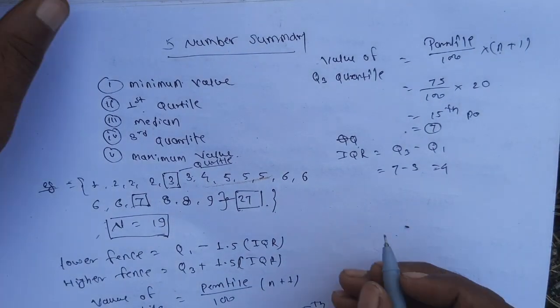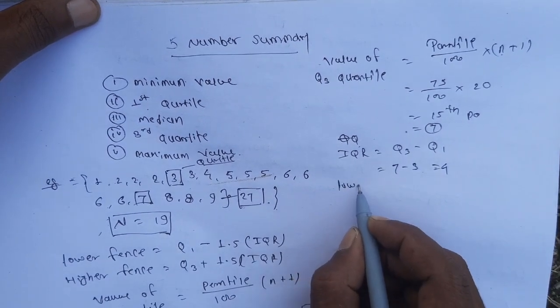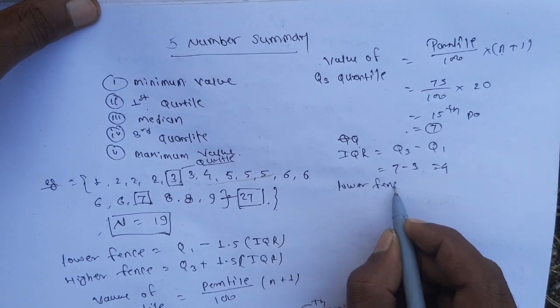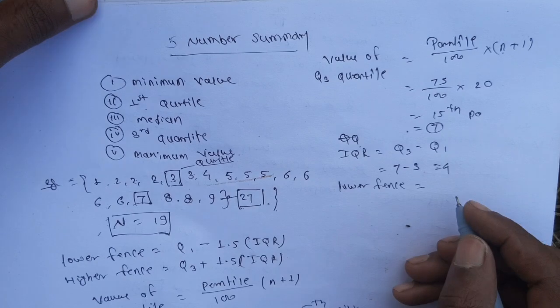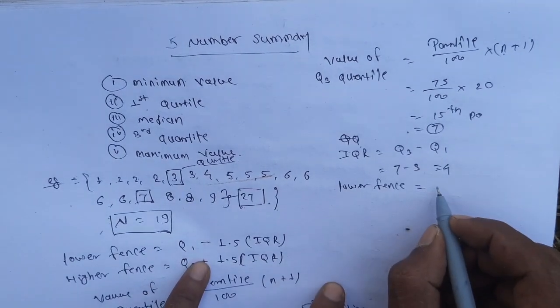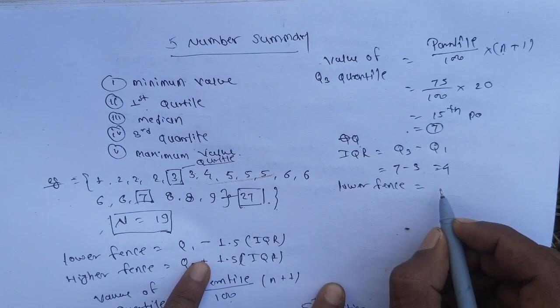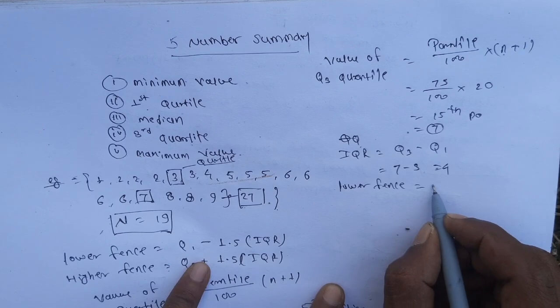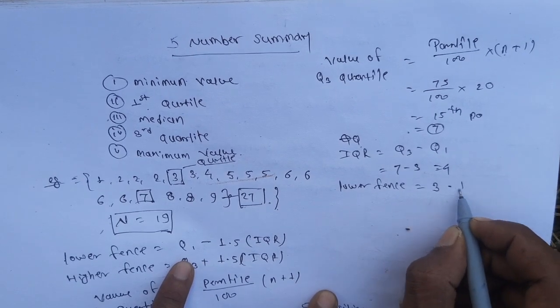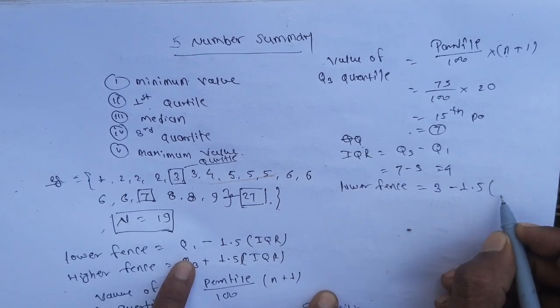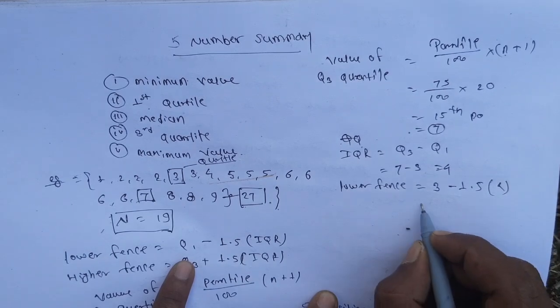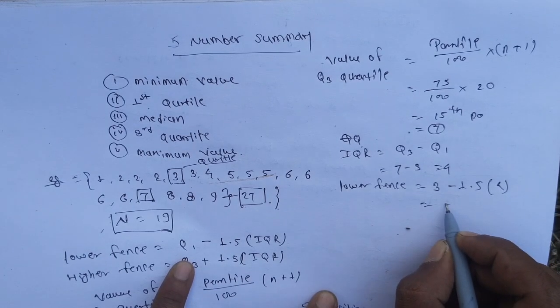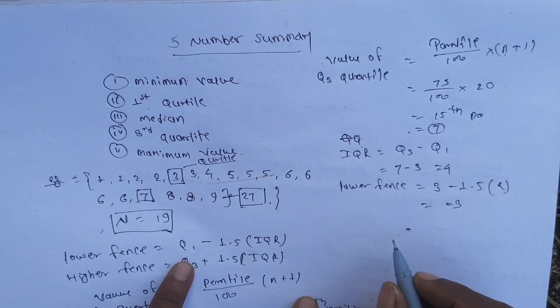So what is the lower fence? Lower fence is equal to quartile 1, which is 3, minus 1.5 into 4, which is 3 minus 3.